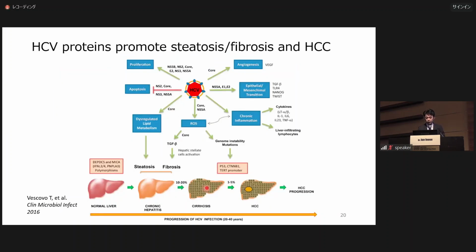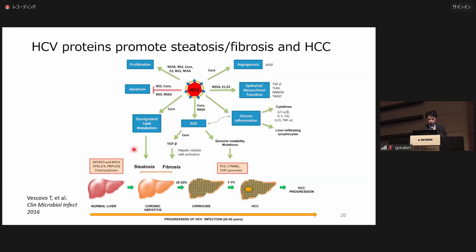This figure shows that HCV proteins promote HCC and fibrosis. HCV proteins have effects on cell proliferation and inhibit apoptosis, and core protein dysregulates lipid metabolism. Also, angiogenesis and epithelial mesenchymal transition were promoted by the HCV proteins. And also, lipotoxicity was induced.